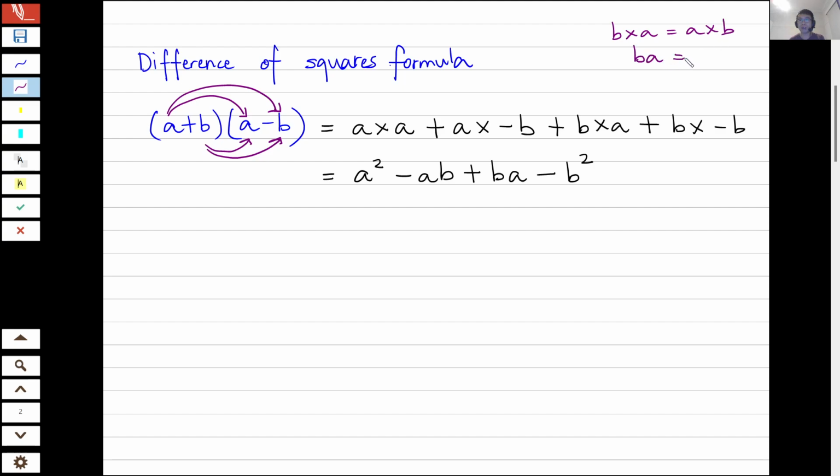In other words, ba equals ab. So I can rewrite this term as ab. A squared minus ab plus ab minus b squared. You'll notice I have ab minus and ab plus. These two terms are going to cancel to 0. And so I am left with, after simplifying, a squared minus b squared.